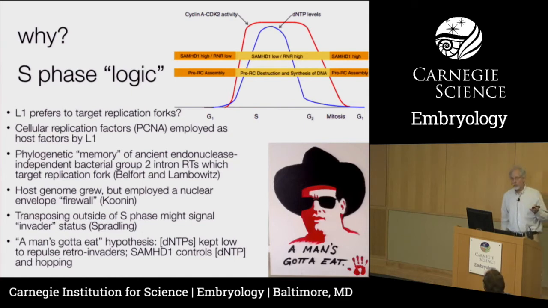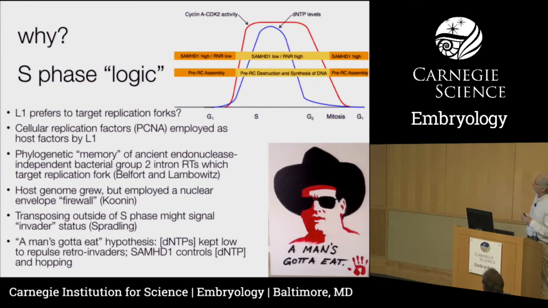So a retrotransposon has got to eat a lot of triphosphates. And so it's actually well known that triphosphate levels are very tightly controlled, probably as a defense against retro elements, to be high only during the S phase. There are many proteins that control this, including SAMHD1 in humans.